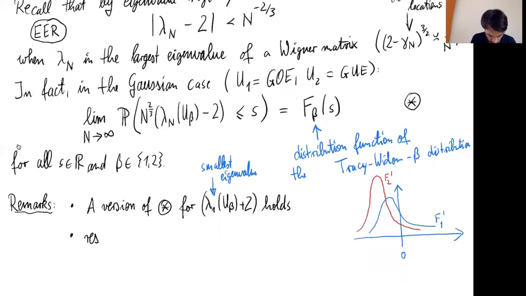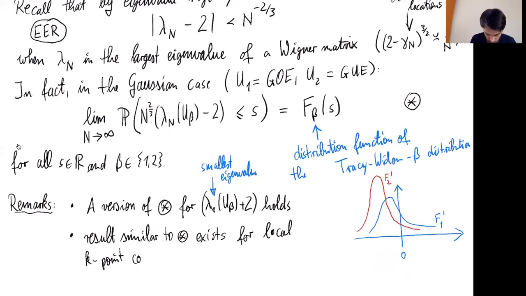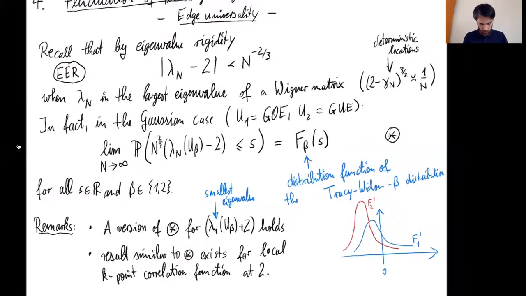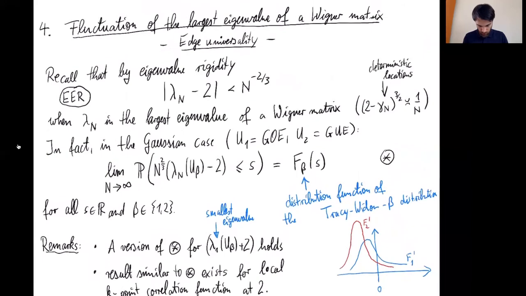So a result similar to star exists for the local K-point correlation function at 2.